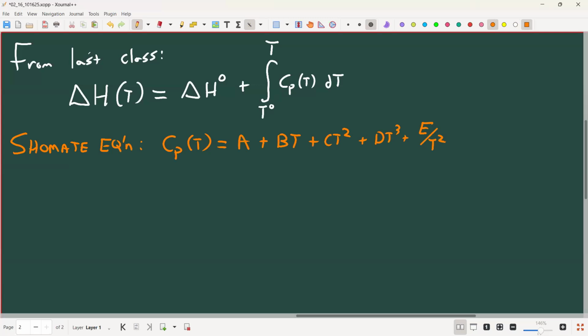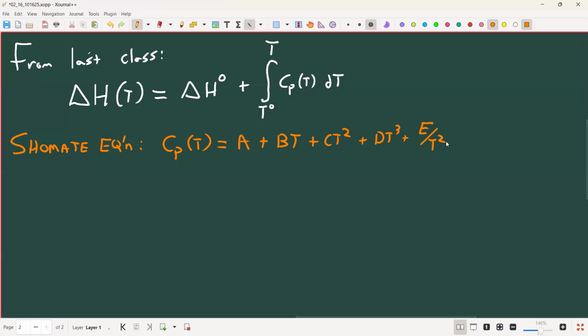So the heat capacity is just a function. The way we're going to look at the heat capacity is as an empirical measurement that we can make using experiment that allows us to define our thermodynamic functions of enthalpy and entropy.